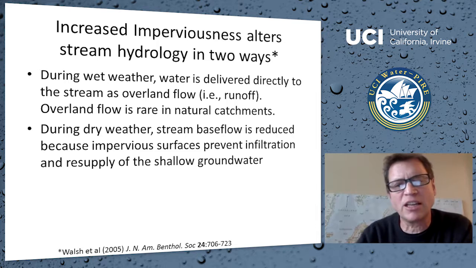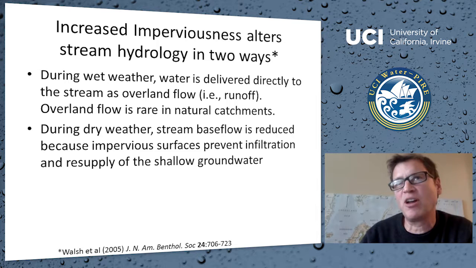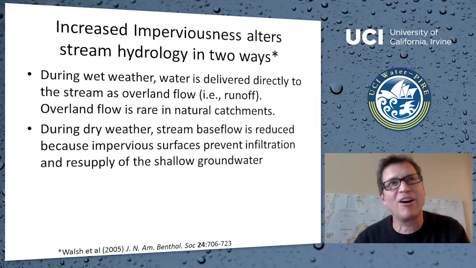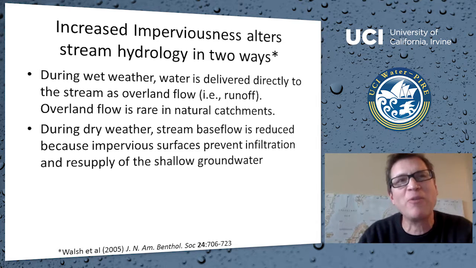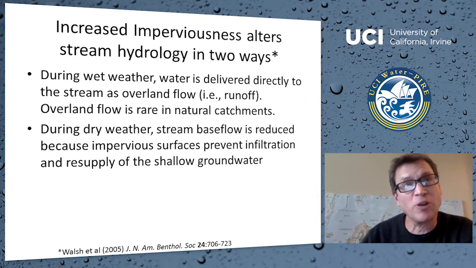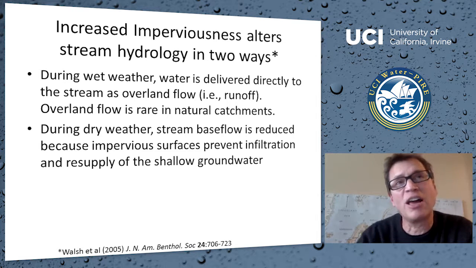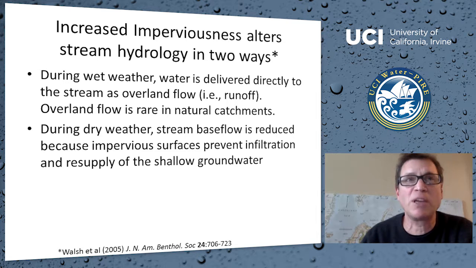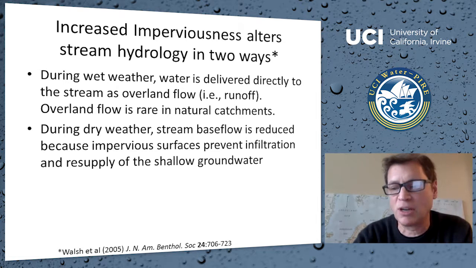So if you go to the next click in the animation, basically you have the flip problem, again in settings where you don't have a lot of interbasin transfers of water, so take LA off the table here. During dry weather, because you put this imperviousness down on the landscape, basically that shuts down infiltration of rainwater, and infiltration of water into the subsurface is a major source of base flow in streams in most watersheds.